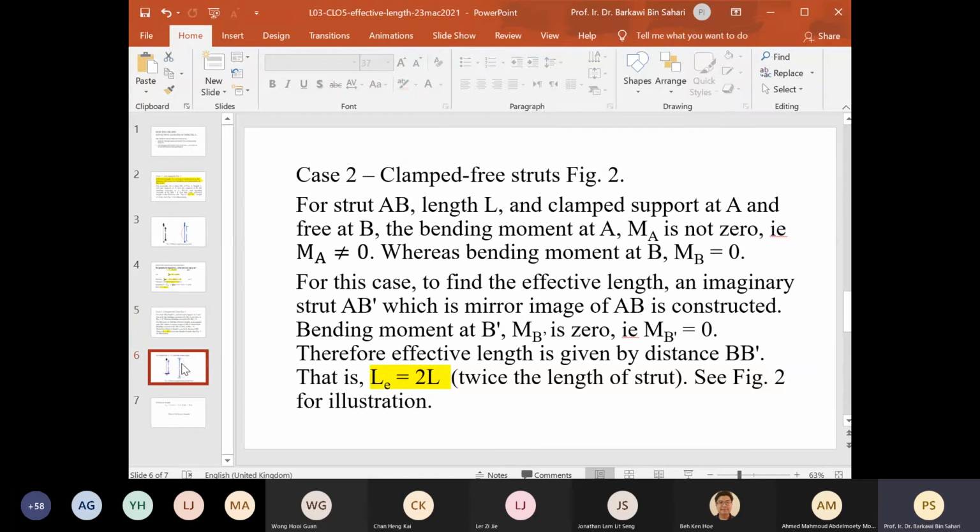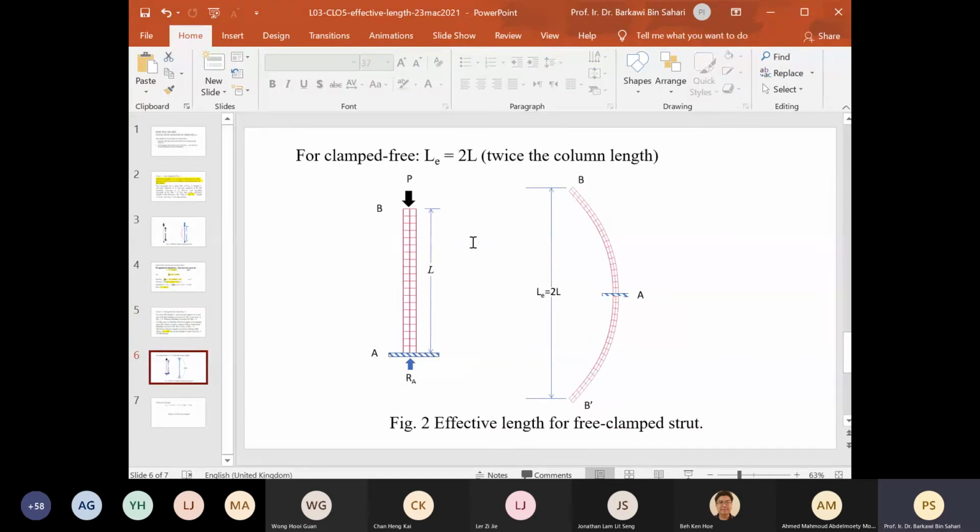How is that? This is what I said when we said we have an imaginary column opposite to the column that we have. We only have a column from A to B with one point of zero bending moment, and effective length requires two points of zero bending moment on the column.